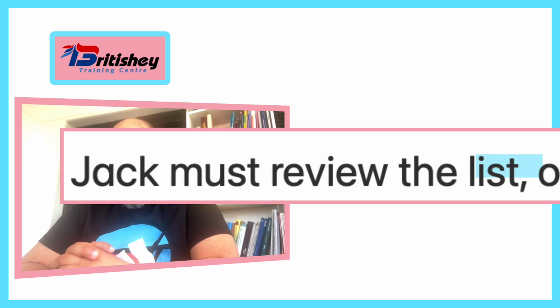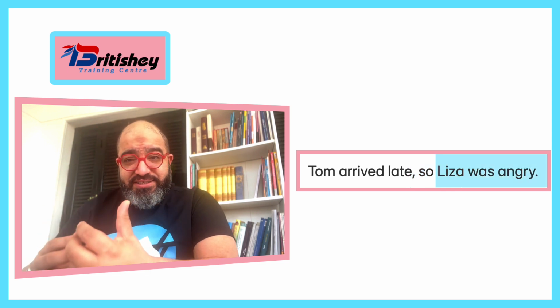Another example. Tom arrived late, so Lisa was angry. So Tom is a subject, arrived is a verb, then we have a comma, a coordinate connector, and Lisa is a subject, was is a verb.